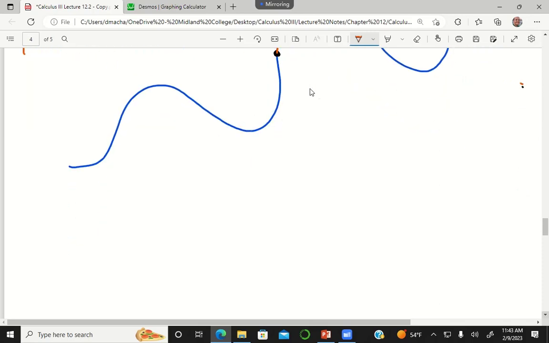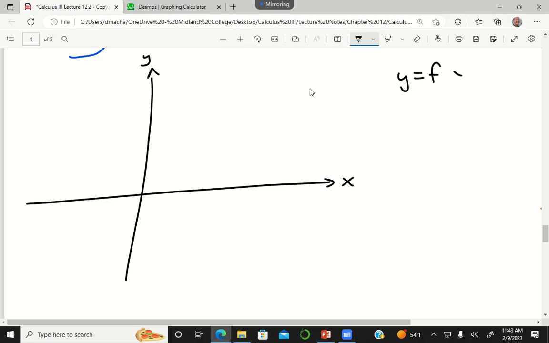Like in Calculus 1, we were doing functions where y is just some function of x, right? And so we had the derivative dy/dx, called f prime of x.